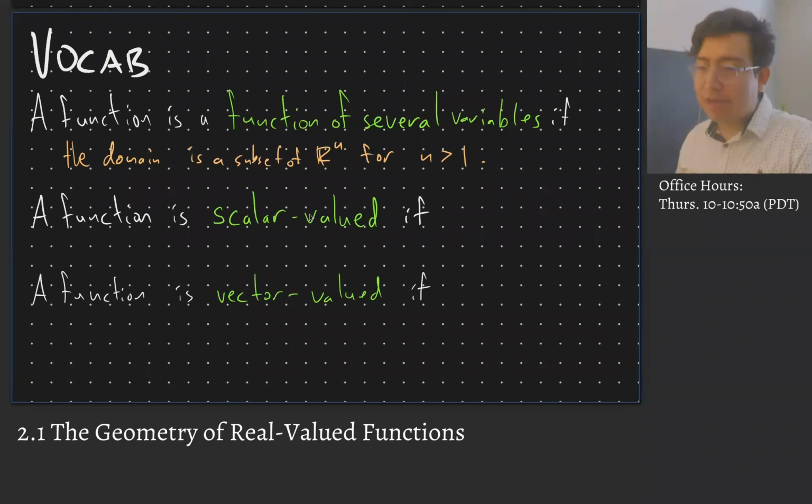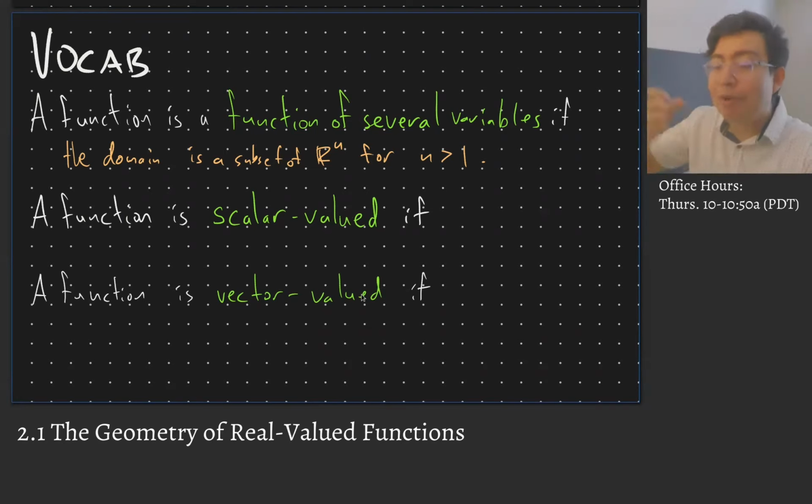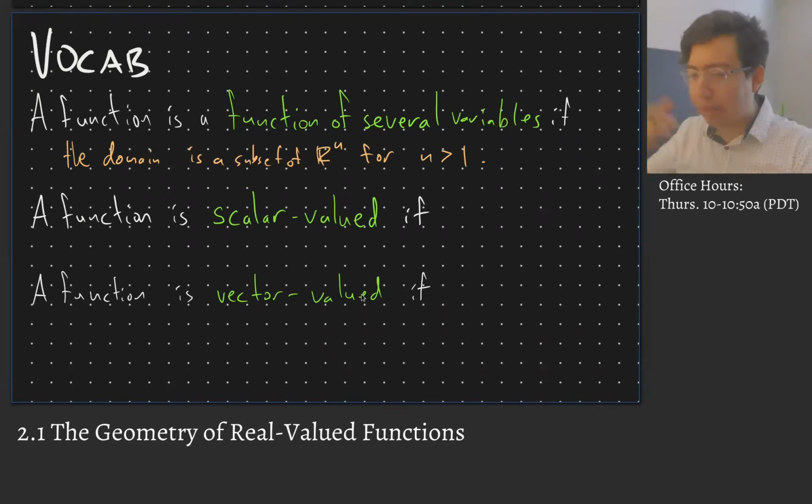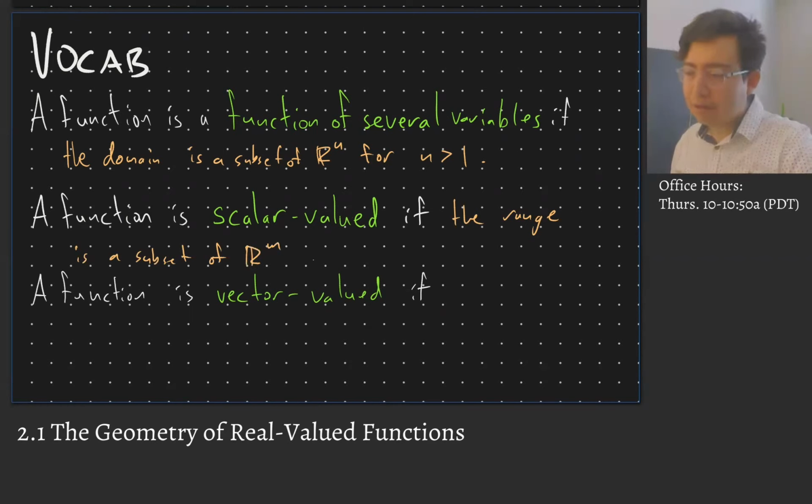Scalar valued. So now the other two vocab words have the word valued in it. Anytime you hear the word value in a math class, it means the outputs of a function. So scalar valued function is talking about its outputs. So if the range, the first definition here was talking about the domain, now we're going to talk about the range, is a subset of R^m for m equal to 1.